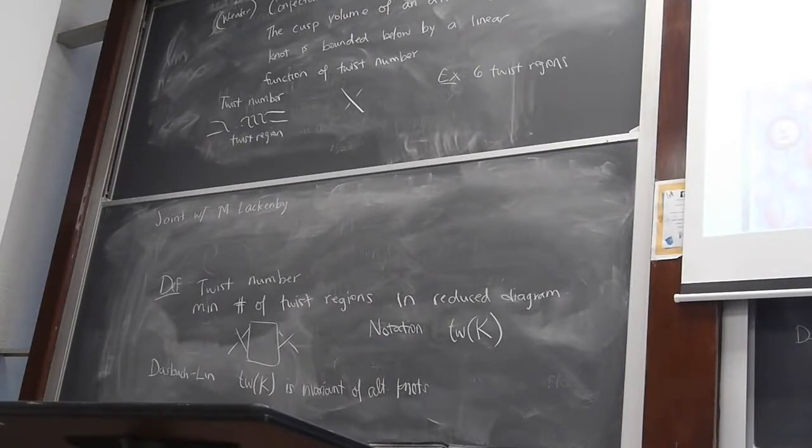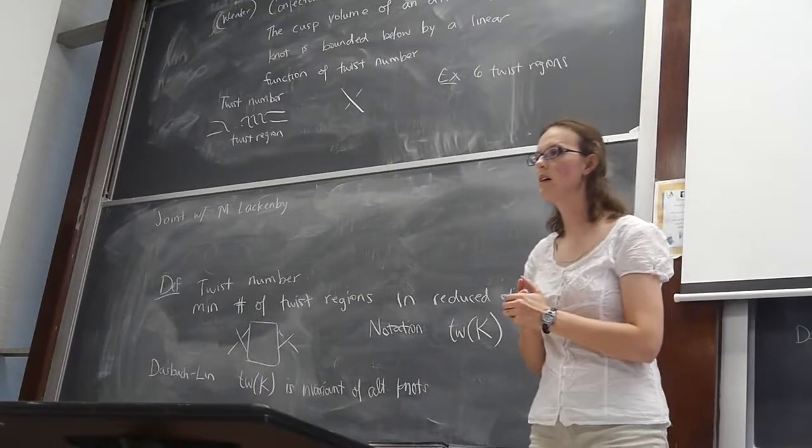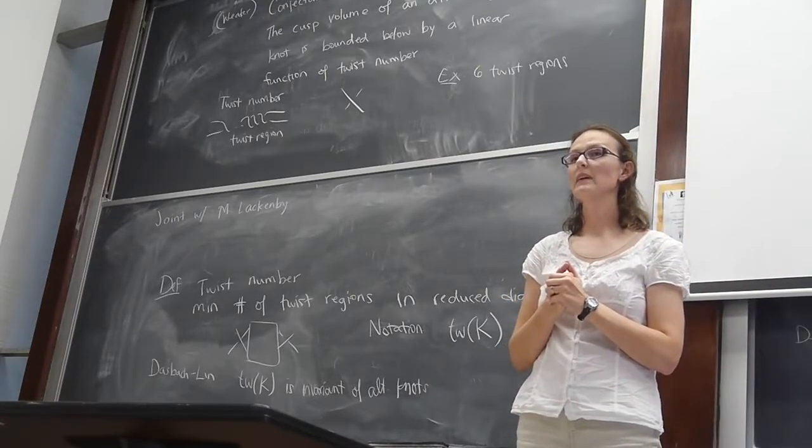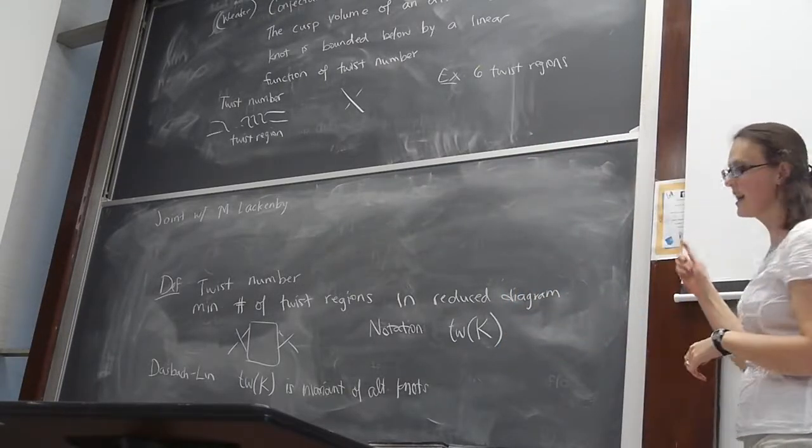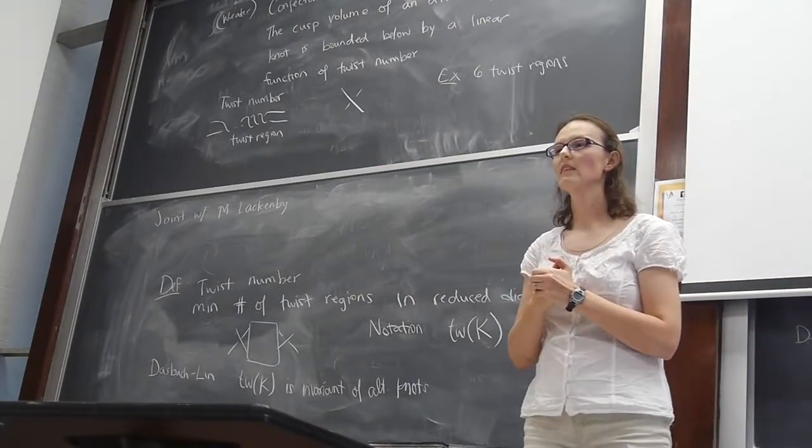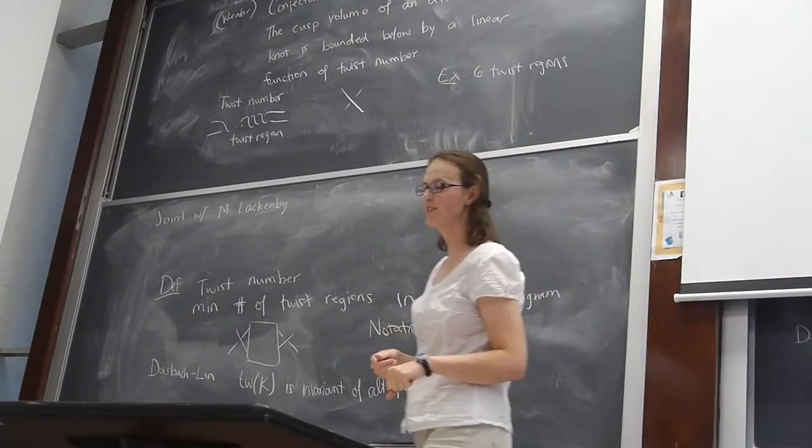So it's frequently algebraic, for instance. It's an algebraic number, often. Well, for the figure 8, it's something like 2 root 3. Yes. So, in this case, for alternating knots, yes, I will come back to that question.